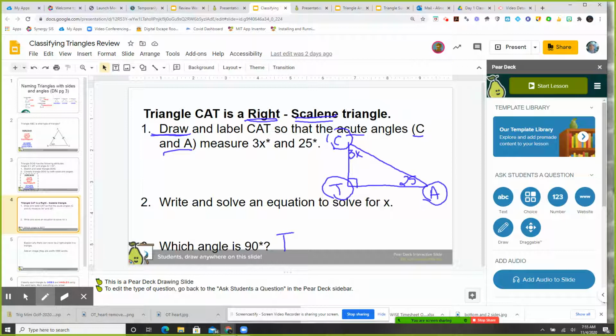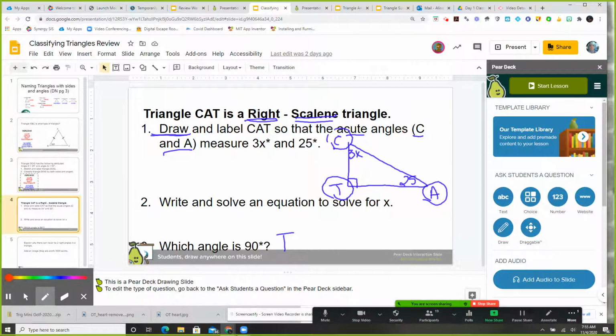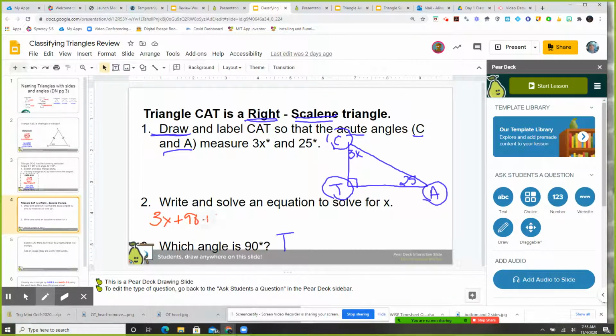What equation can I write here? Because there are a couple of different equations I could write. I want to solve for x. So what do I know about those angles? Yeah, Leah. 3x plus 90 plus 25 equals 180. Fantastic.